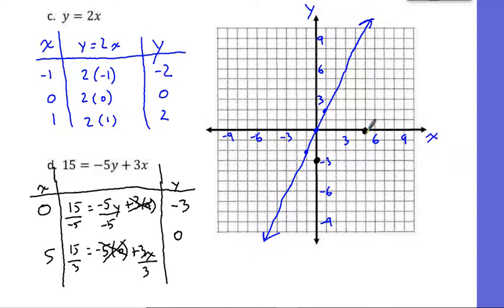And this happens to be the x-intercept of our line. And I will try to graph this line D. We'll label the lines. That was line D. This was line C.